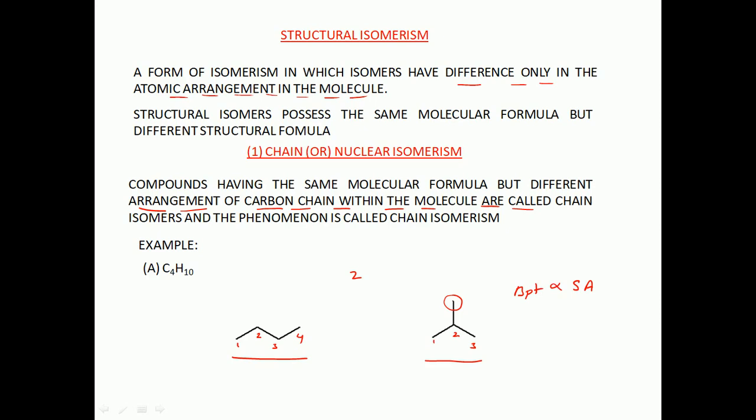In case of n-butane, you are having 4 carbon atoms, and in case of isobutane, you are having only 3 carbon atoms in the chain. Whose surface area is more? n-Butane is having greater surface area than isobutane. So whose boiling point is more? n-Butane is having more boiling point than isobutane.